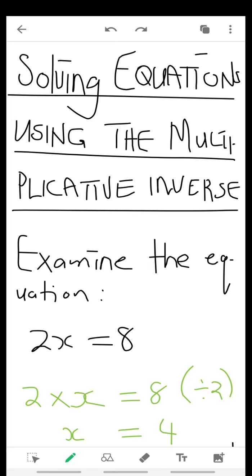So when I divide, I'm going to divide on the left and on the right. Remember we said what you do on the left, you must also do on the right. So it would be 2 times x divided by 2 there, and then 8 divided by 2 there. So 2x divided by 2 would leave us with x. But 8 divided by 2 would leave us with a 4. Therefore, the value of x is equal to 4.